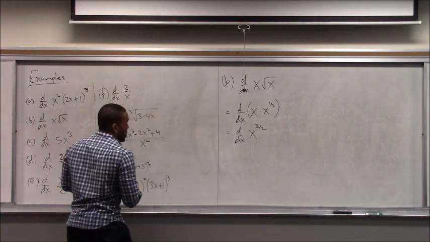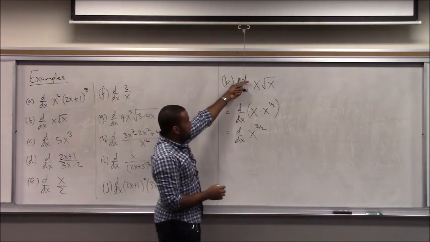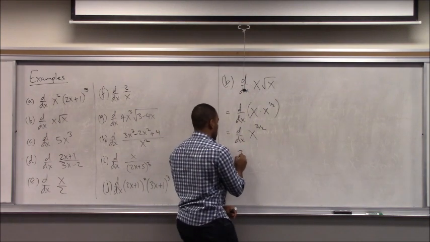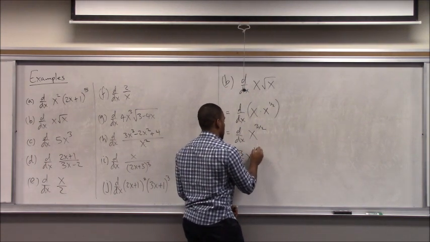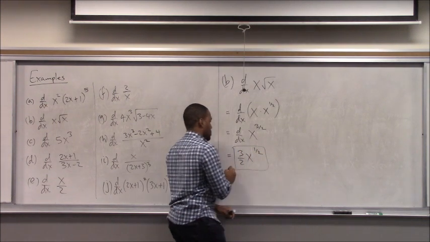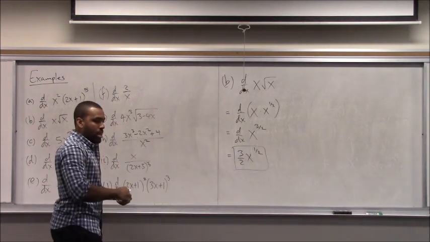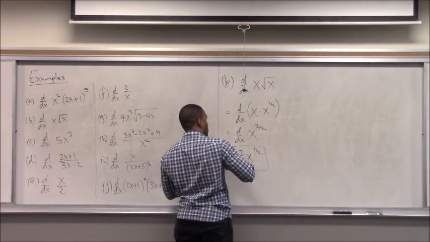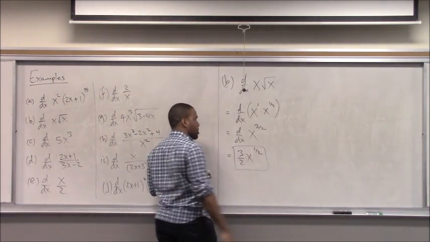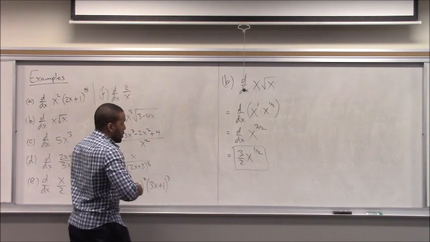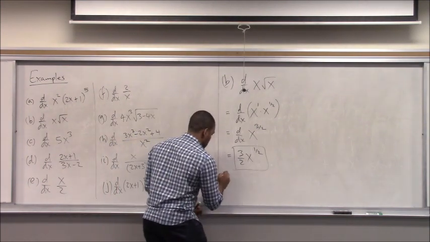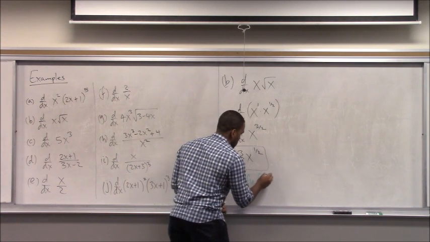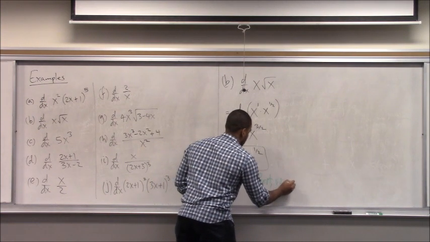So if I see this, I would actually think of it as that and just apply the power rule. I could simplify with algebra first, right? Remember your laws of exponents. This is x to the 1 times x to the half, and when multiplying things with the same base, you add the powers. So I would simplify first using algebra.